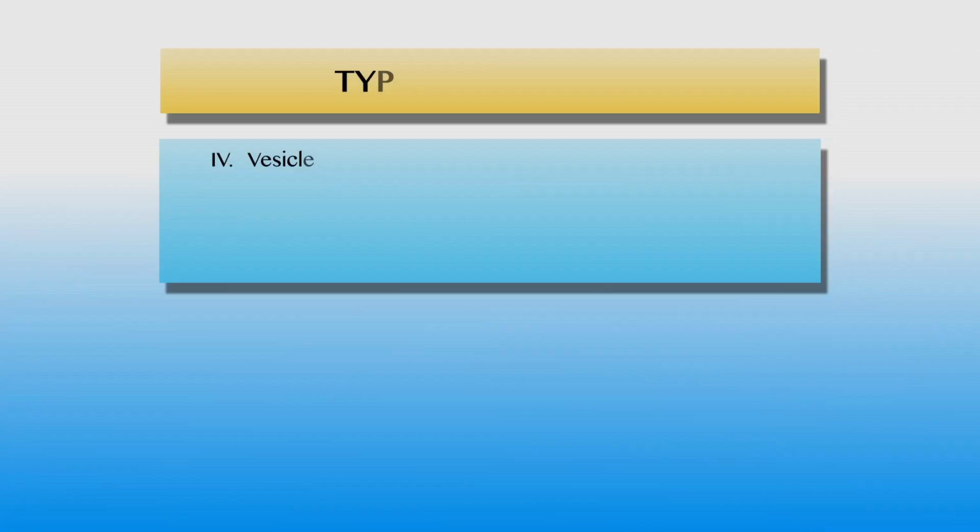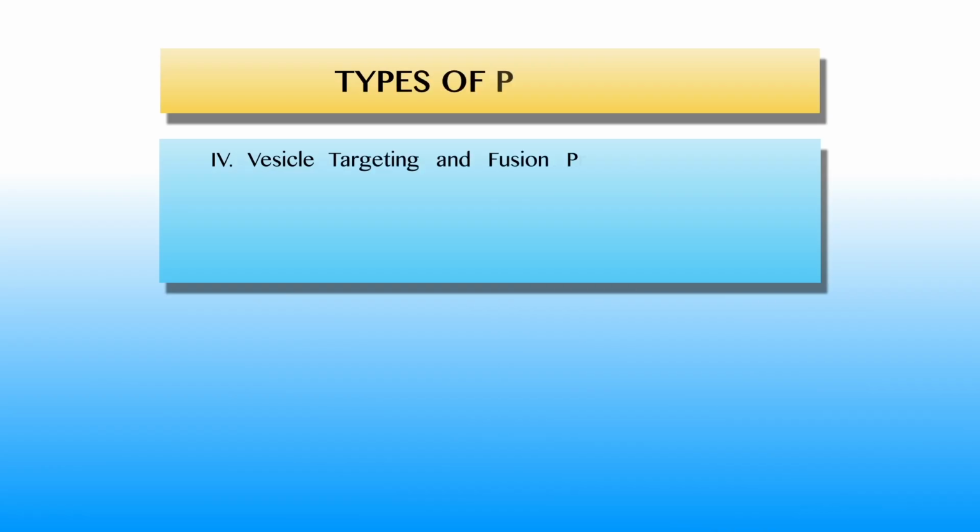It leads to the release of synaptic vesicles from the cytoskeleton, increasing the number of vesicles available for fusion with the plasma membrane.